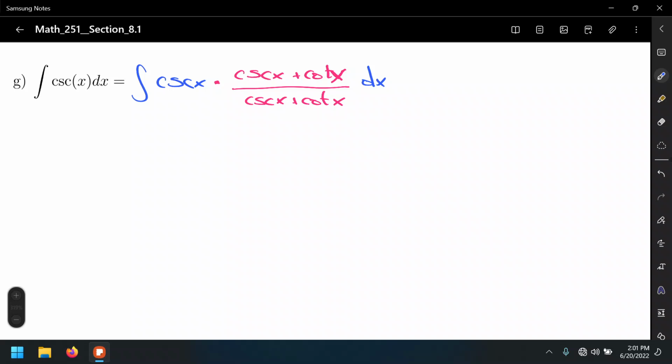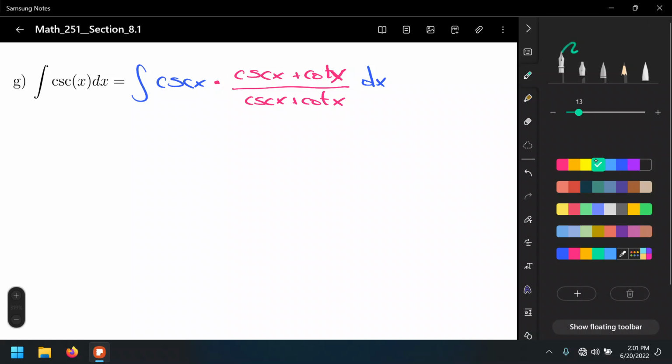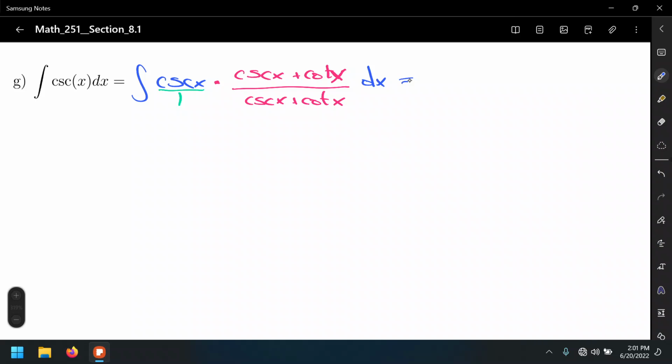So let's multiply this across. Cosecant times cosecant gives us the integral of cosecant squared x plus cosecant times cotangent, and in the denominator, simply cosecant plus cotangent.